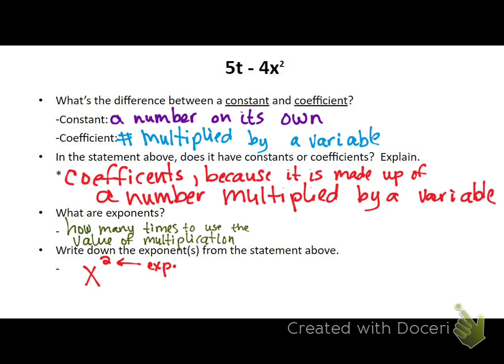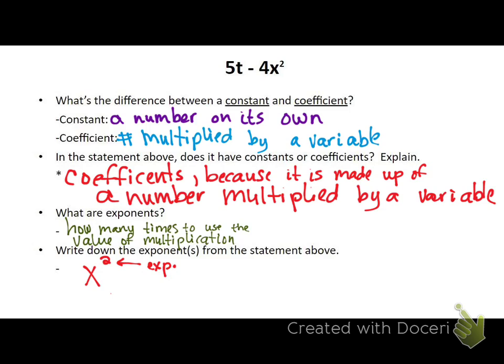Toby? Coefficient. Not coefficient. Now the 4 would be the coefficient. It's the number being multiplied by a variable. Is it the base? Yeah, it's the base. So the number or value in front of the exponent is called the base.